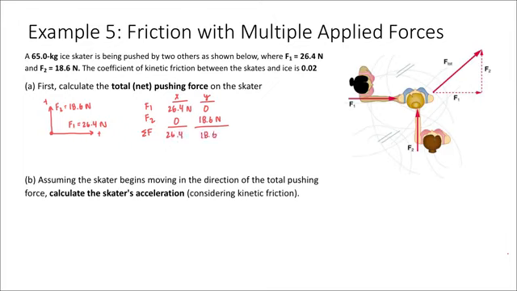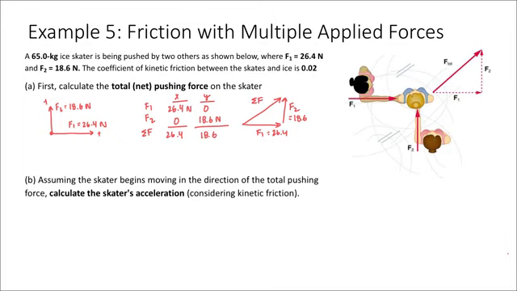To solve for my net force, the triangle here in the diagram does a good job of this. This is my sum of force, this is my F1, and this is my F2. Again, this is 26.4, and this is 18.6. That's my y component.